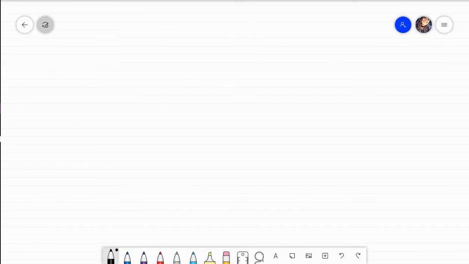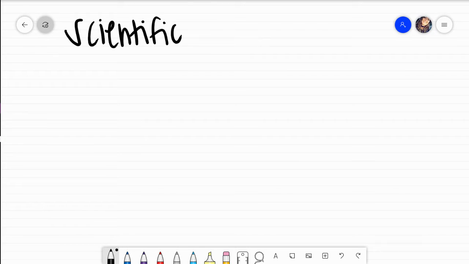So scientific notation is going to be an application of what we learned with our exponents. Scientific notation is something we use whenever we're dealing with really, really large numbers or really, really small numbers.